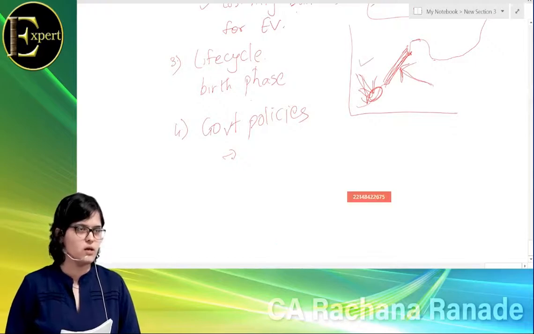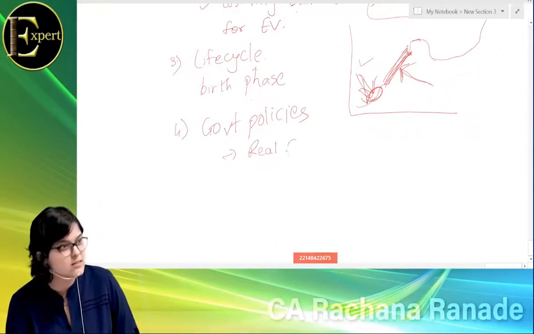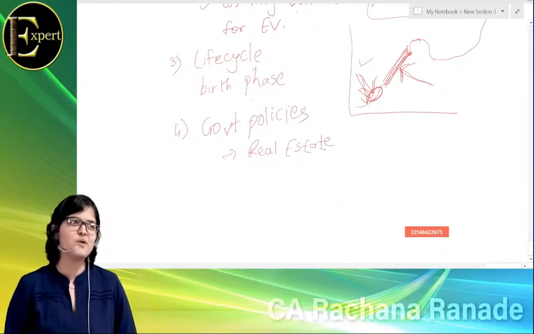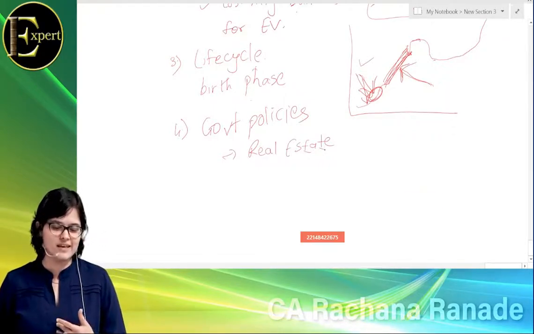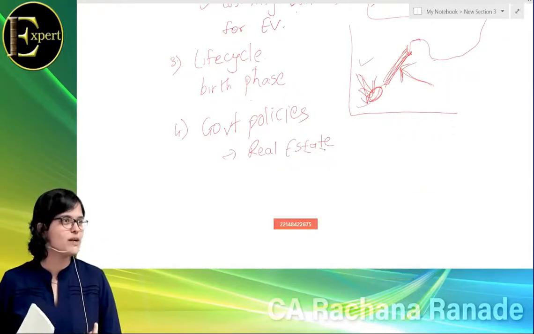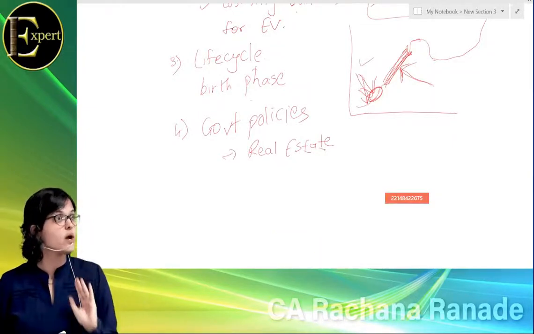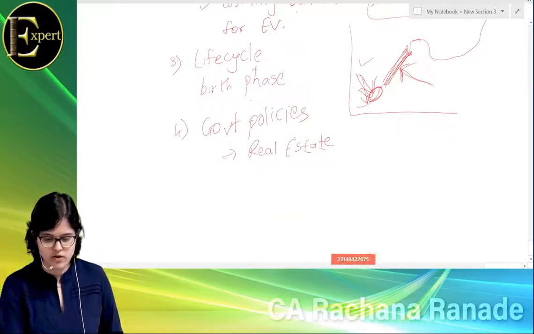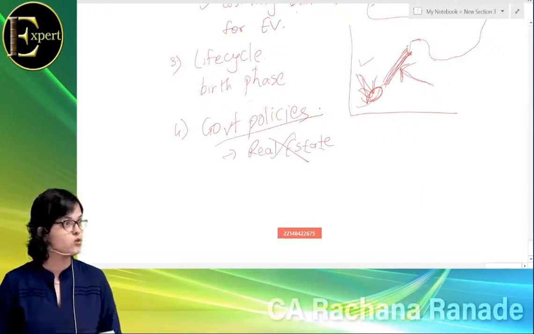Okay. Does this mean that real estate will have a boom? I feel this is a little bit difficult right now because the way real estate is going right now is crazy. Post demonetization, real estate had a big shock and it is yet to recover from the shock. So I am still not betting on real estate, even if government policy says that everyone should have a house by 2022.